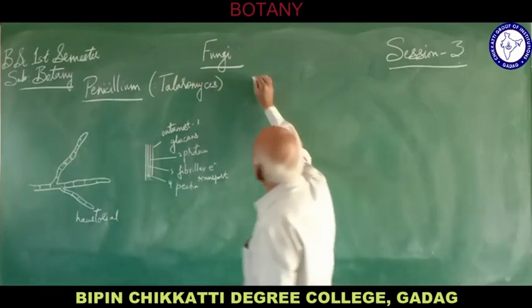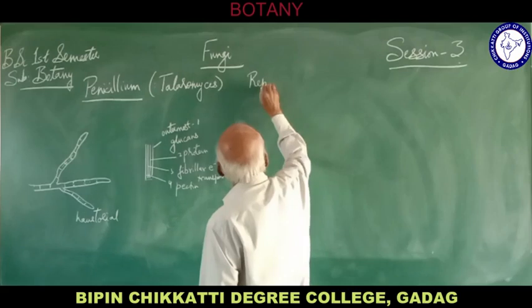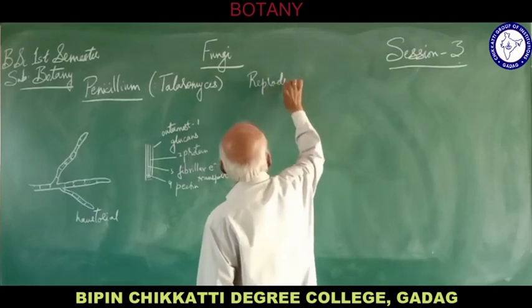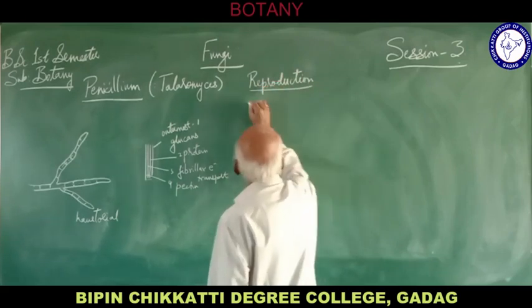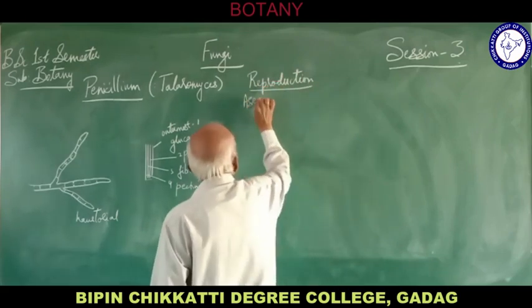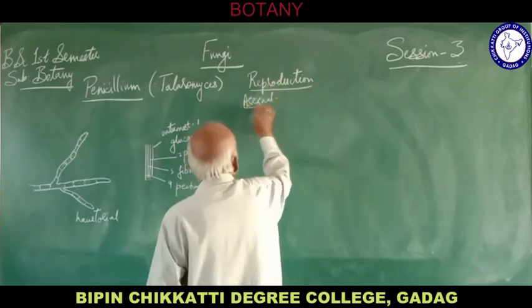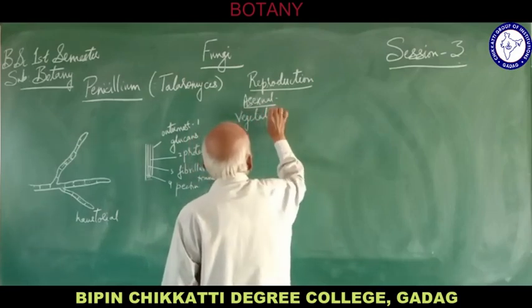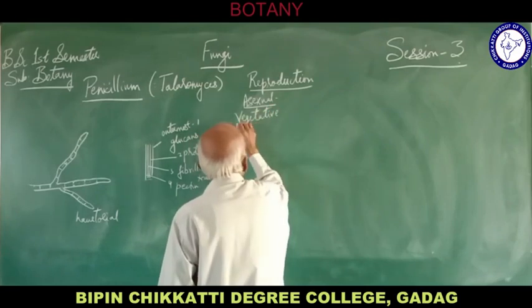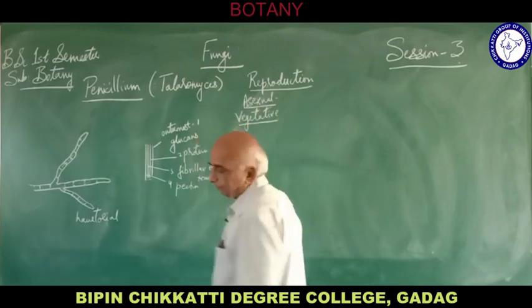Now if you come to reproduction in Penicillium, it reproduces both asexually and sexually. The asexual reproduction takes place by vegetative reproduction and sporulation.